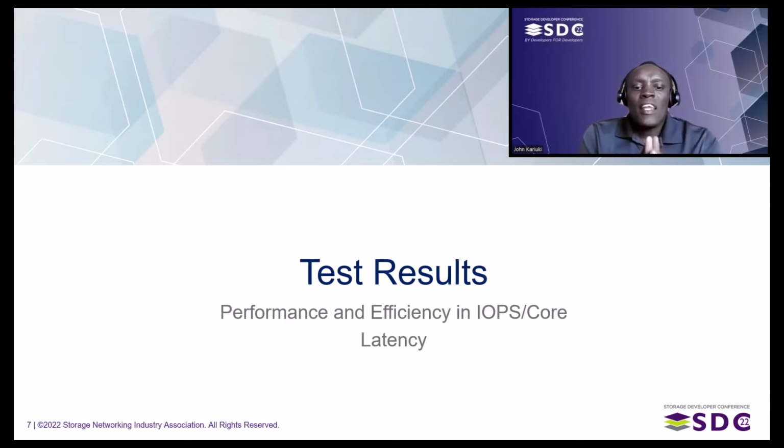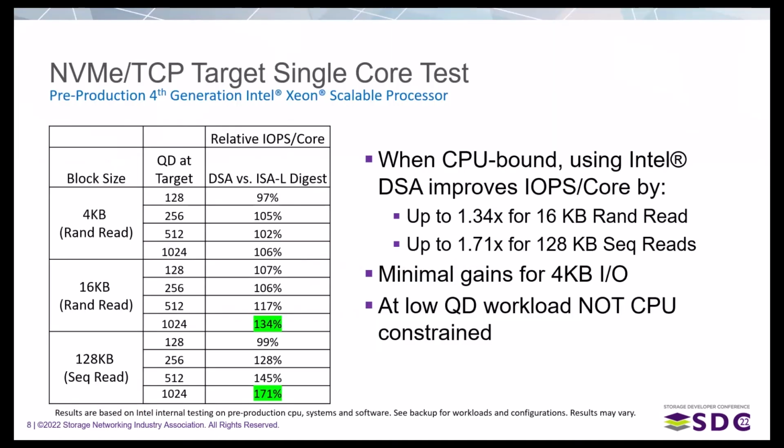So now let's jump right in and take a look at some performance data, right? Let's take a look at the performance numbers that we collected for these three configurations. In the first test that we performed, we configured the SPDK target to use just a single CPU core.